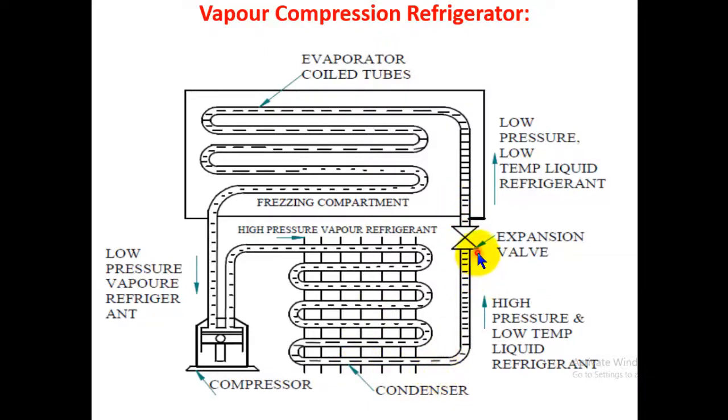When it passes through the expansion valve, it reduces its pressure as well as temperature and becomes cool. Then while passing through the evaporator coil again, it gains latent heat and becomes vapor. Like this the cycle runs continuously.